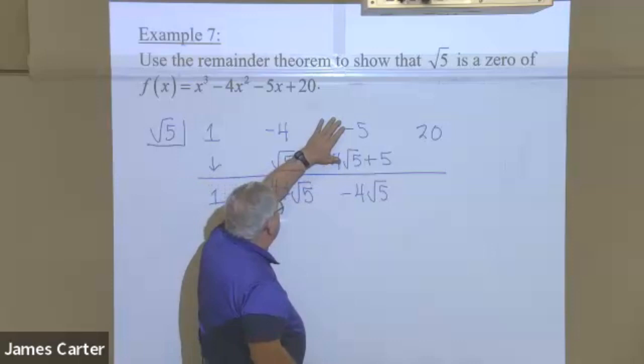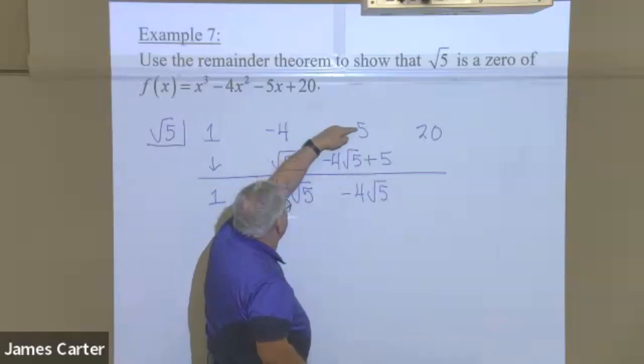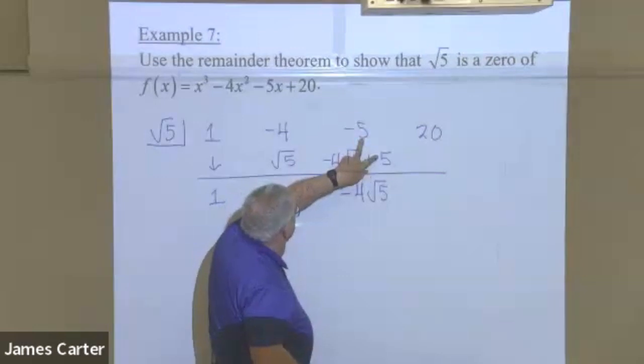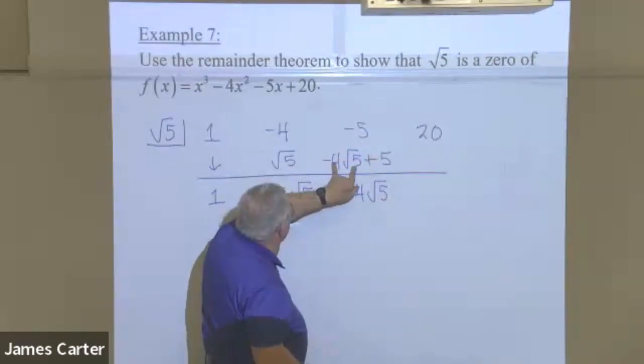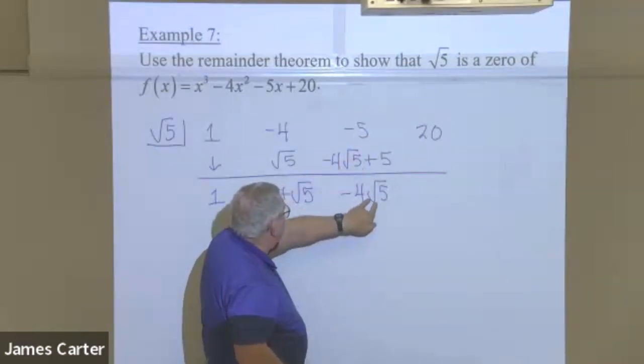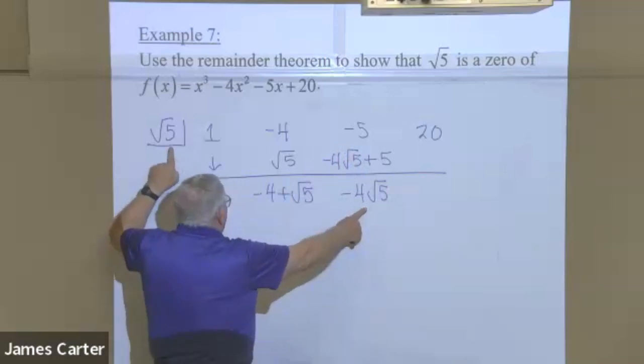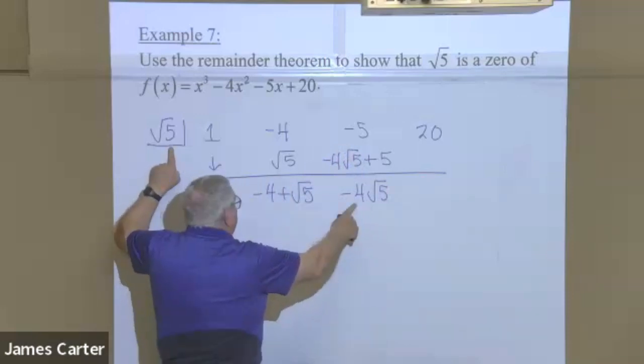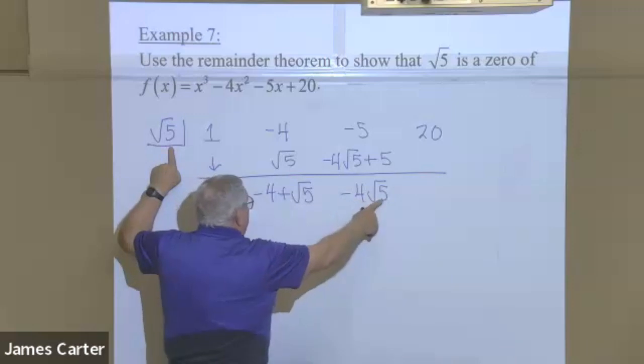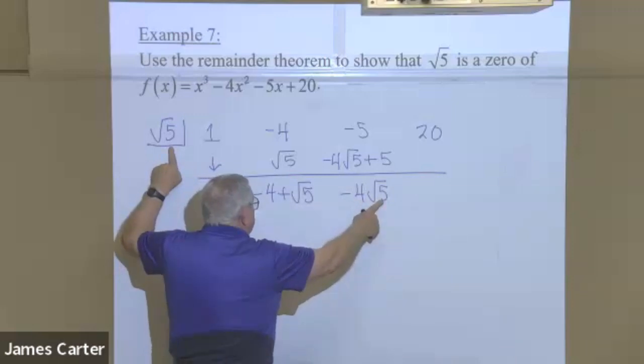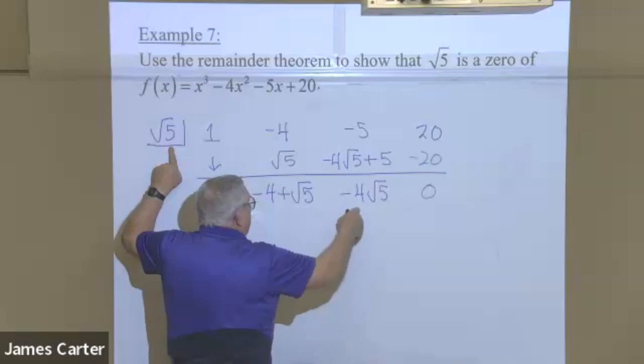Now I'm ready to add. Combine with those, but it will combine here, and those two cancel each other out, leaving only this. So we multiply. Radical 5 times radical 5 is going to give you an answer of 5.